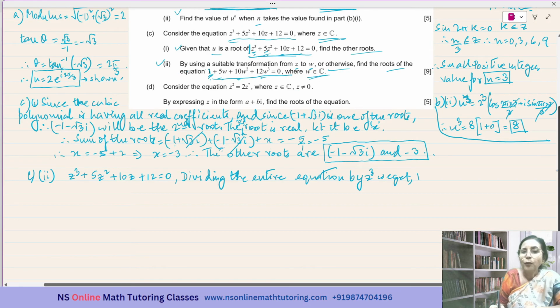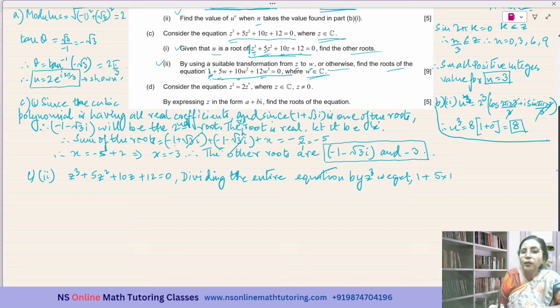So it is 1 plus 5 times 1 over z, because z square over z cube is 1 over z, plus 10 times z over z cube is 1 over z square, plus 12 times 1 over z cube equal to 0.